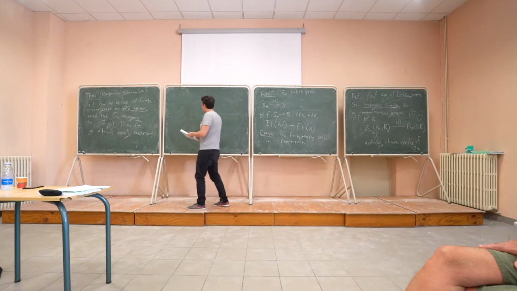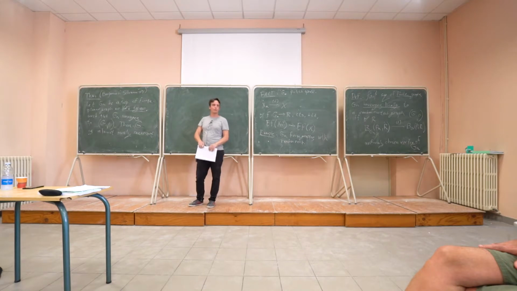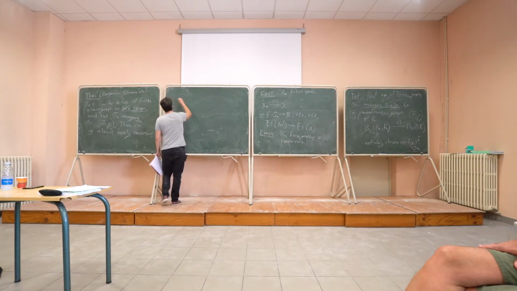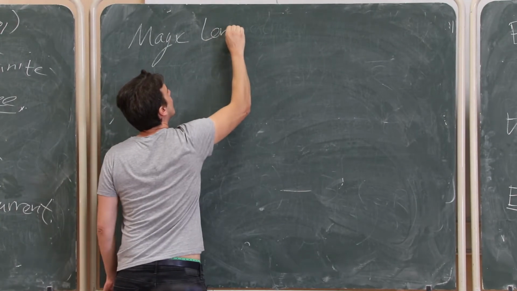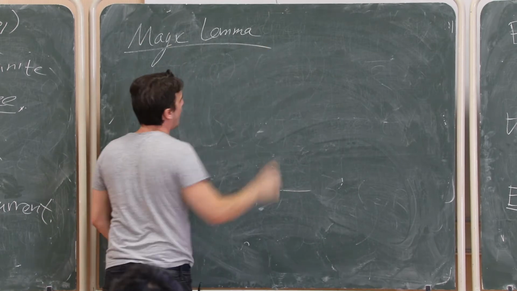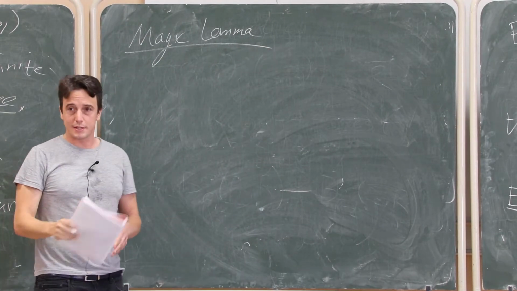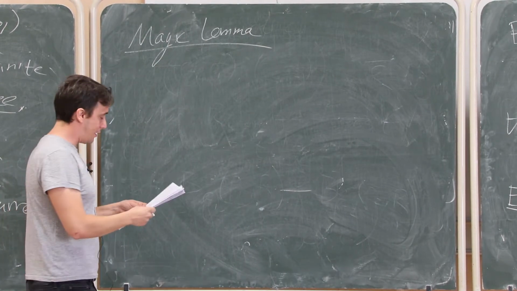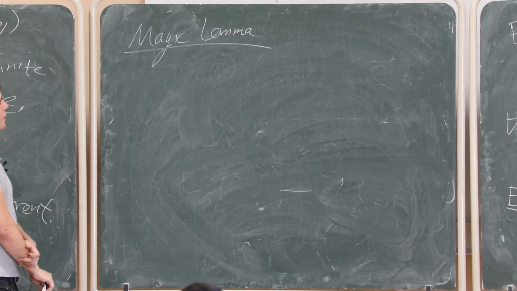But everything works, and because I'm not the only one who felt this way when they first read this proof, this was dubbed by many people as the Binyamin Shram magic lemma. And this is the statement, so let's start discussing it.